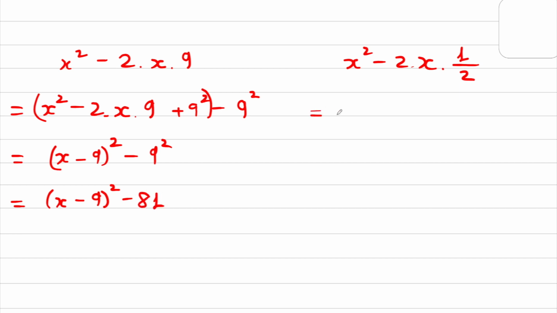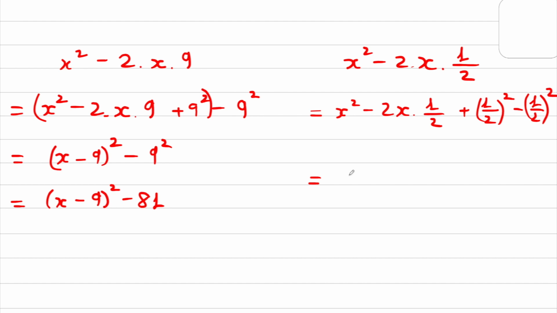And about the next, you got x squared minus 2x and multiply 1 over 2. The second number will be the fractional number 1 over 2. Plus 1 over 2, because this one is in fractional form, I have to put it inside the bracket and square outside, and at the same time, minus 1 over 2 square in here.